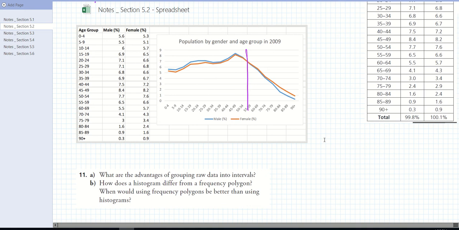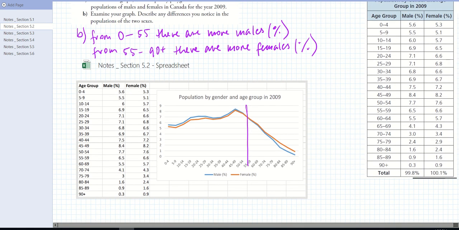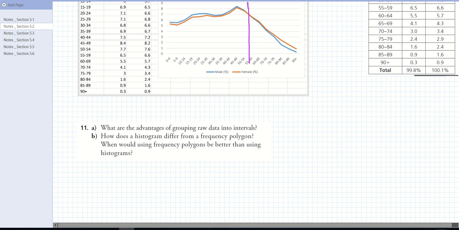It says, what are the advantages of grouping raw data into intervals? So for example, if you look here in the previous question, this was already grouped for us, right? So people picked all the ages and put them in the intervals from 0 to 4, 5 to 9, 10 to 14, and so on. So the benefit of grouping, if you have a large amount of data, is that it's easier to read if you group it into intervals.